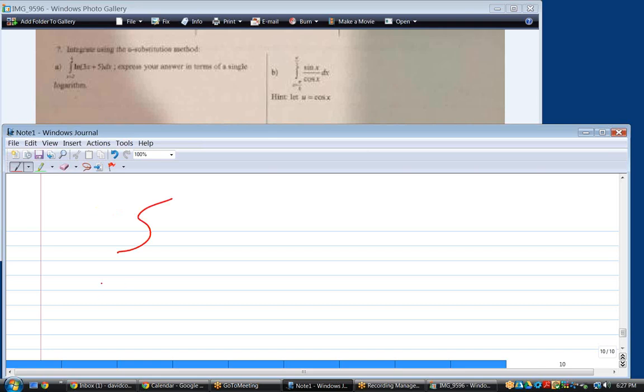It's hard for me to read that. What is the bottom limit? x equals 2. Okay, so this goes from 2 to 4. And we're doing natural log of 3x plus 5 dx. Okay.